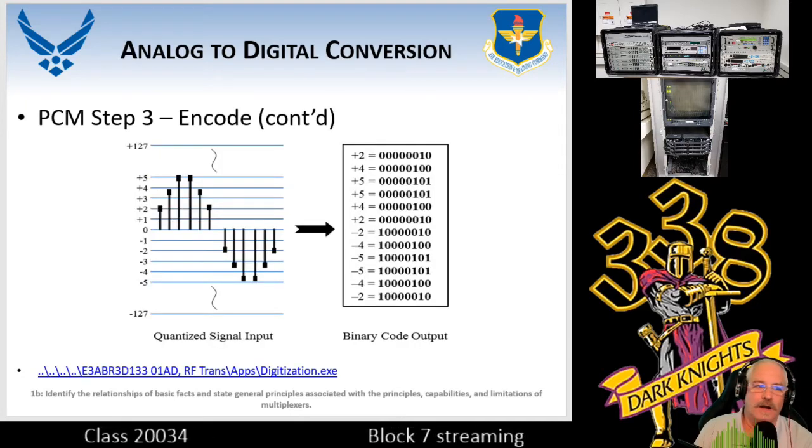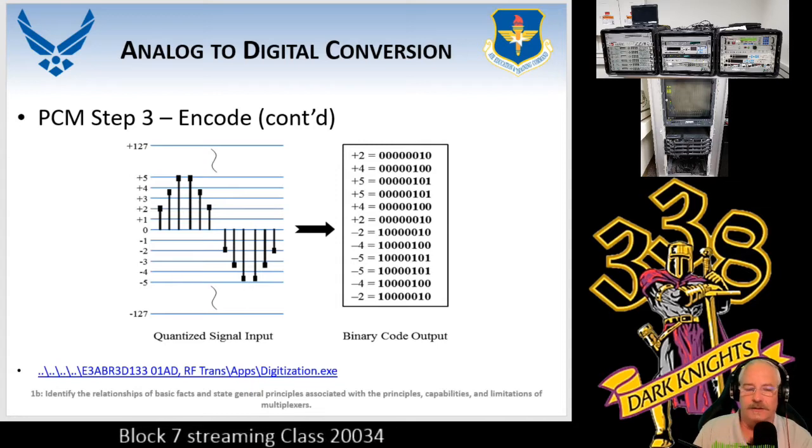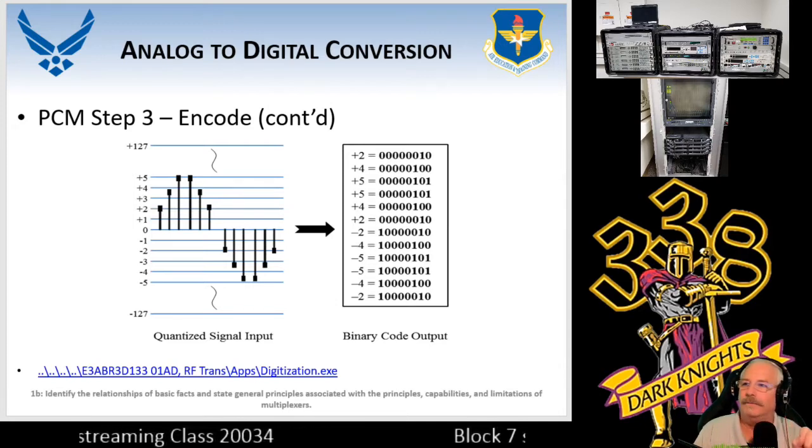So what they've done here is they've shown you a quick table from 0 to 5 and 0 to negative 5, and they put it to numbers. So you can see that a plus 2 is 0, 1, and all zeros, and the last digit is a 0. So anything that's a 0 is a positive number. Anything that's a negative number is a 1.